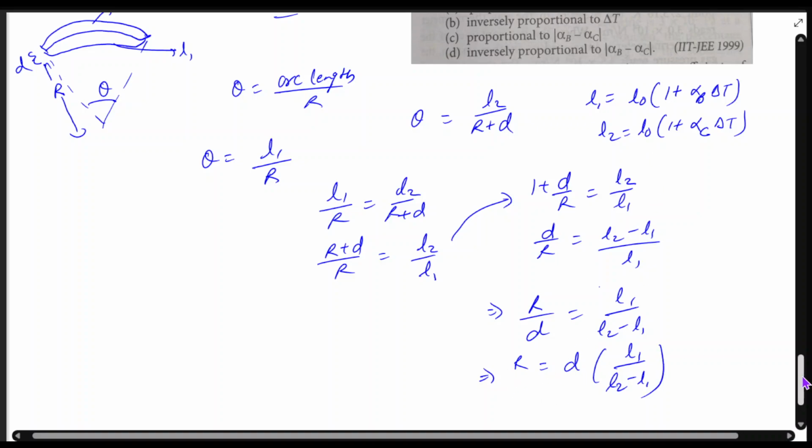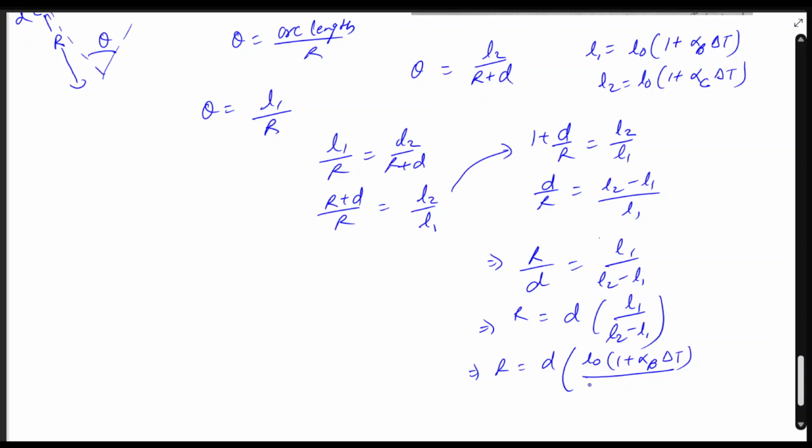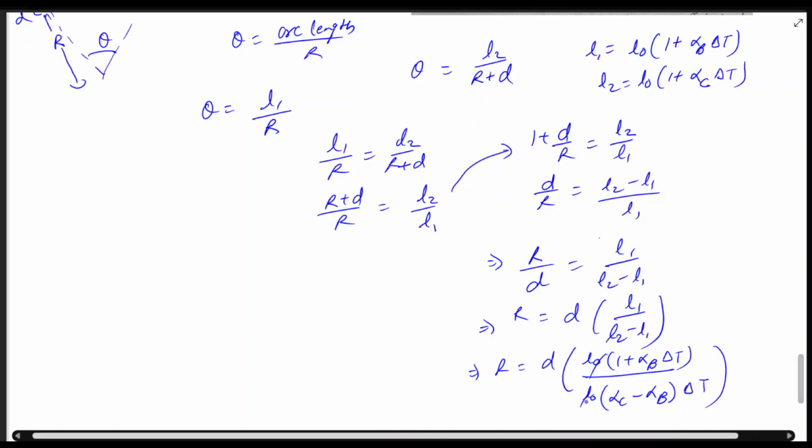Now let's put these values here. So we'll be getting D times L1, which is L naught times 1 plus alpha B delta T, upon L2 minus L1. If you subtract L2 minus L1, the L naught will get cancelled, so it will be L naught times alpha C minus alpha B times delta T. L naught will get cancelled.